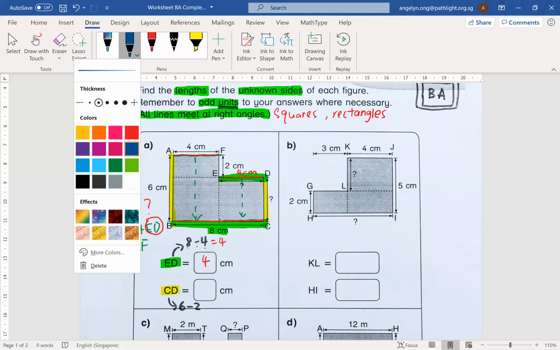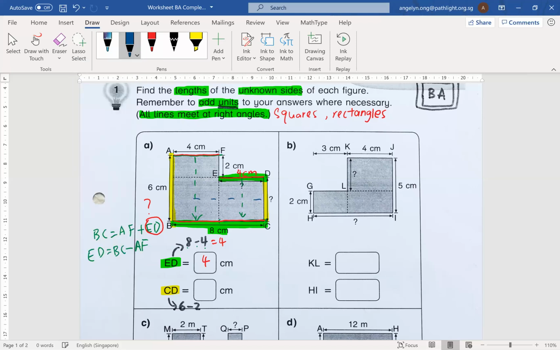CD, if I bring it over to the left, is actually making up this part of the line AB. And the other part here, where can I find that? It's actually from here. FE, if I bring it across, it can fit nicely here. So I can see that AB, this long line here, is made up of FE and CD.